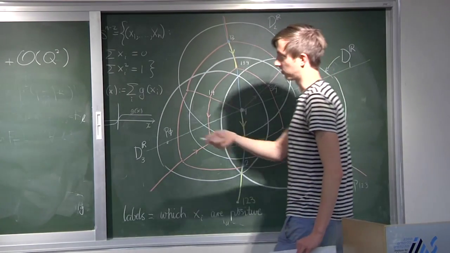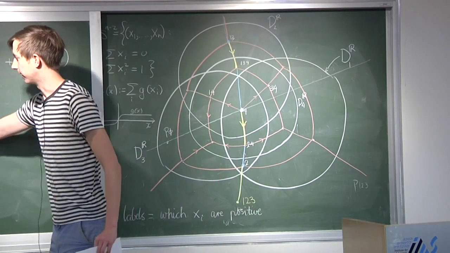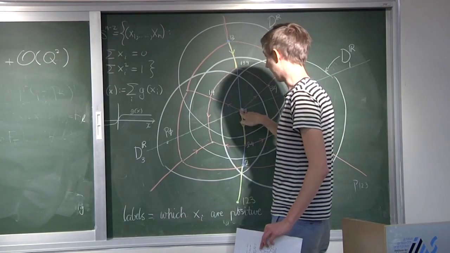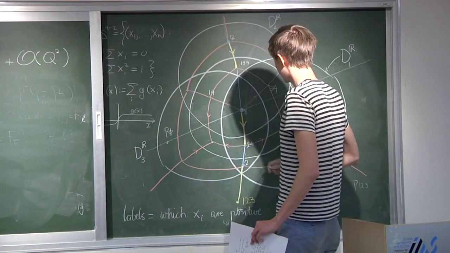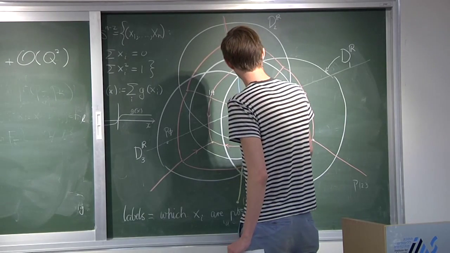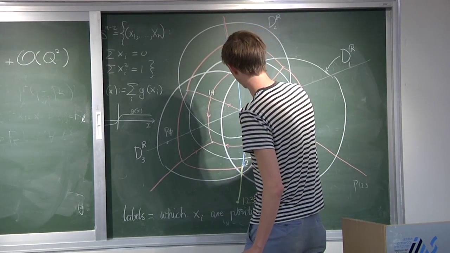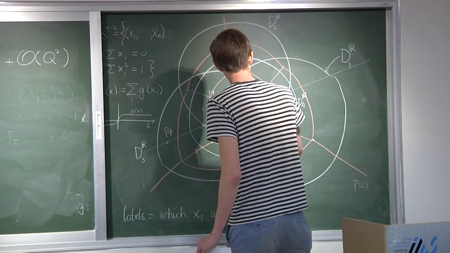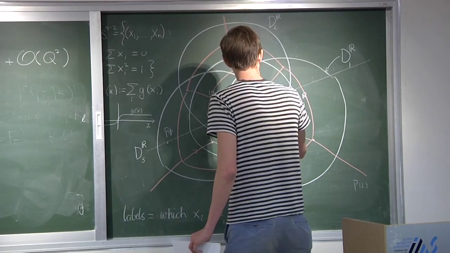And now we need to construct this lift of the boundary of this disk that changes sheets at this point. And there is exactly one lift, which is this one.